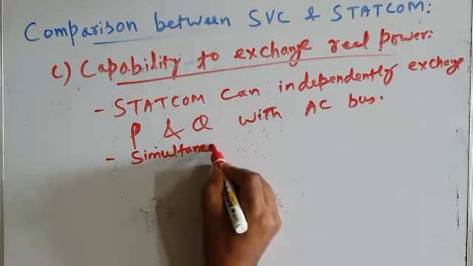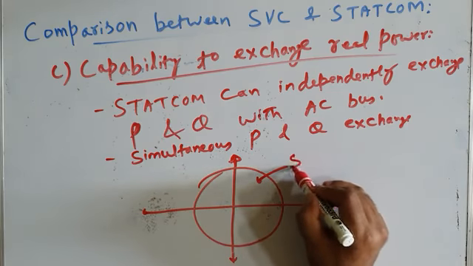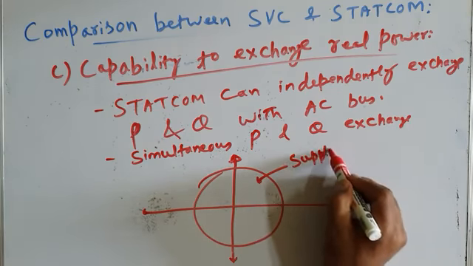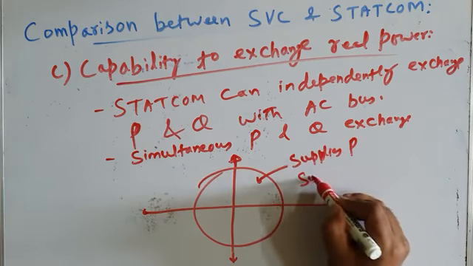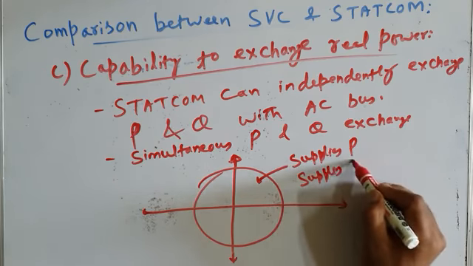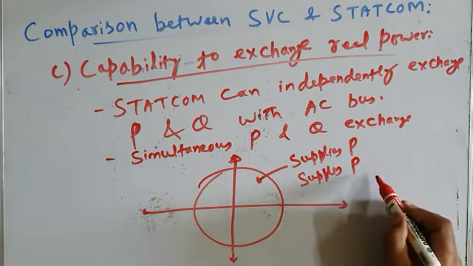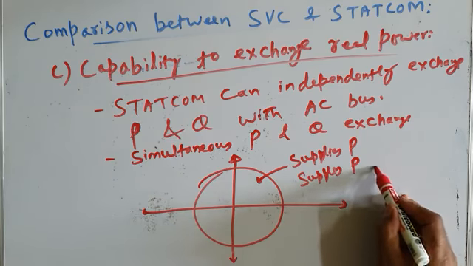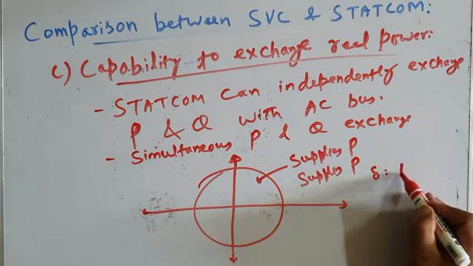So with the help of this figure, if your STATCOM is operating in the first quadrant, then it supplies active power and it supplies reactive power also. When does it supply reactive power? It supplies reactive power if delta is positive.